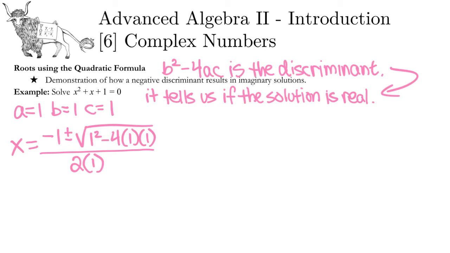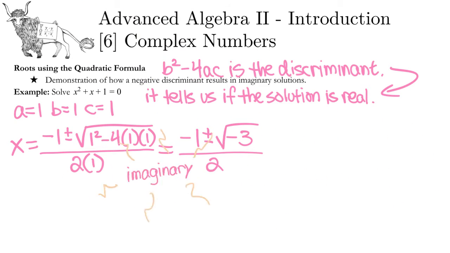We can simplify that expression in the square root, so we get x equals -1 plus or minus the square root of -3, all divided by 2. There it is, the discriminant. It's -3. And since the discriminant is negative, the solutions will be imaginary.